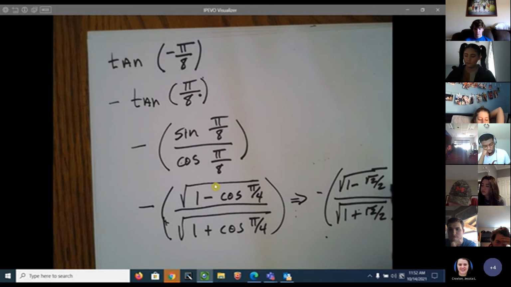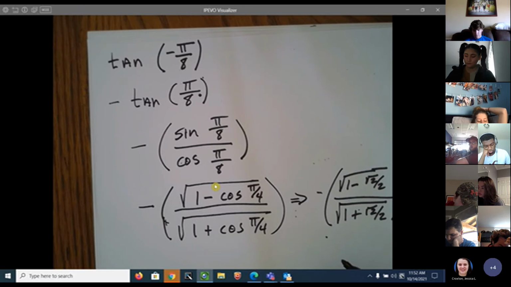Now you can multiply this through by 2 and this through by 2, and you get 2 minus square root of 2 over 2 plus square root of 2. You could do that.